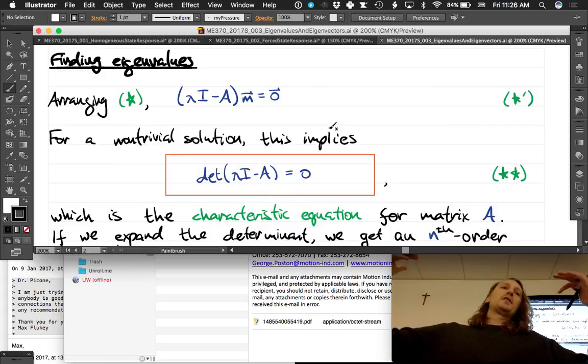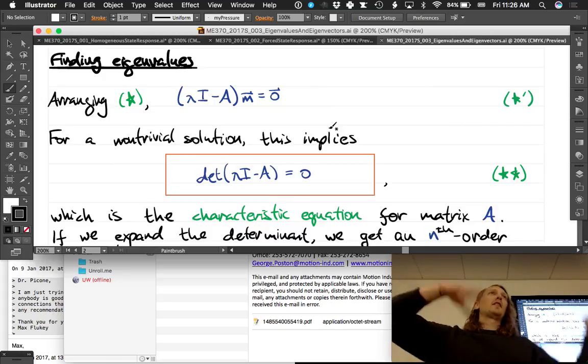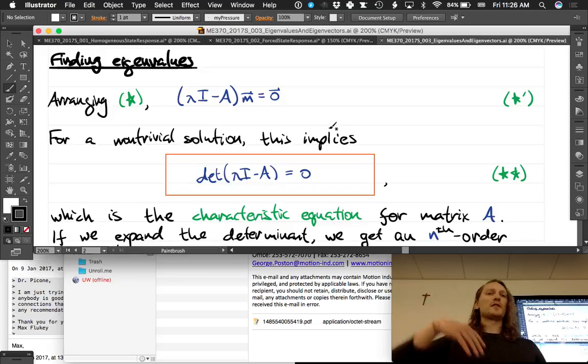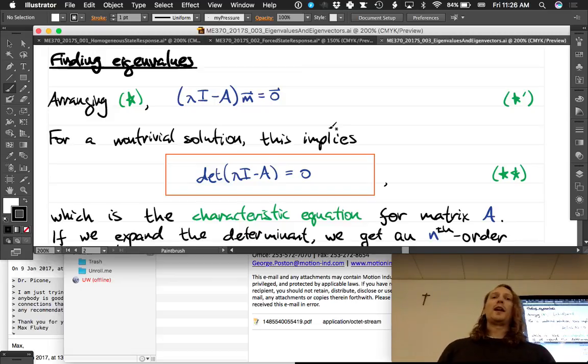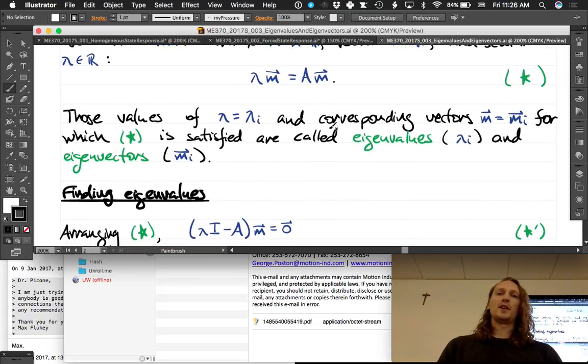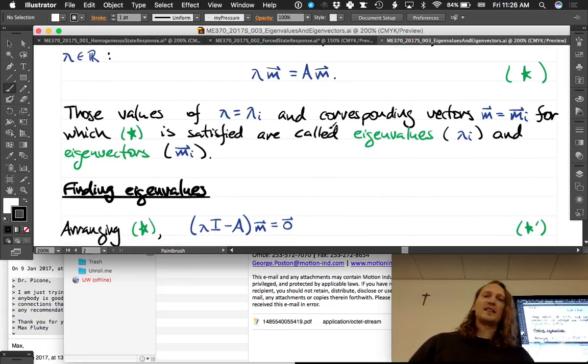The method is to find the eigenvalues first, then find the eigenvectors. So first we find the eigenvalues, and we can rearrange the equation. This was the equation right here. We can subtract Am from both sides so that we have lambda I minus A. I had to multiply lambda by I to show that it has the same dimensionality as A before I can do the subtraction.